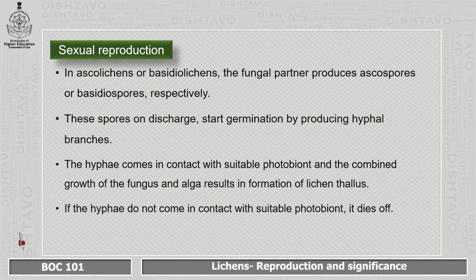The hyphae comes in contact with suitable photobiont and the combined growth of the fungus and the alga results in formation of lichen thallus. If the hyphae do not come in contact with suitable photobiont, it dies off, just like how we saw in asexual mode.